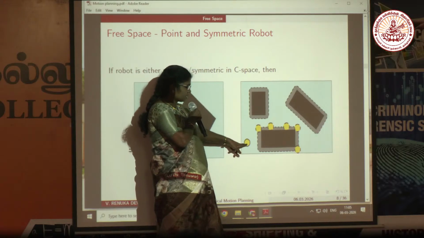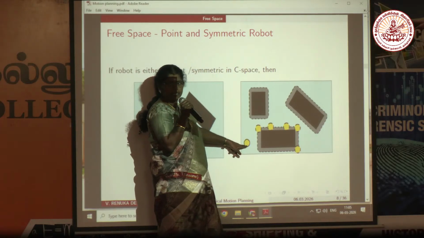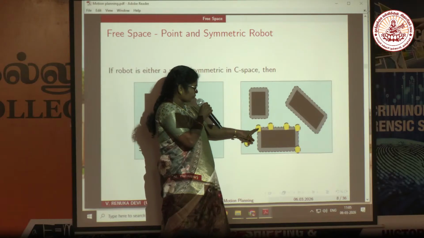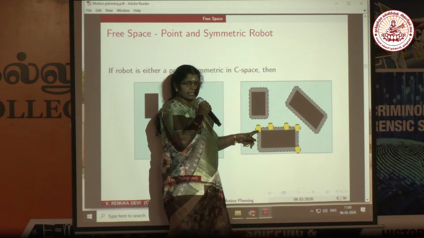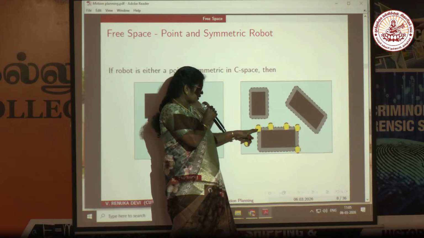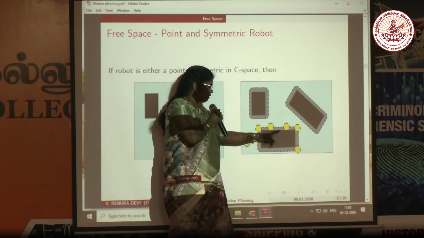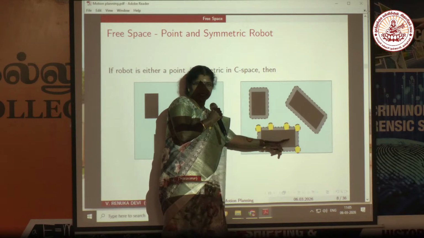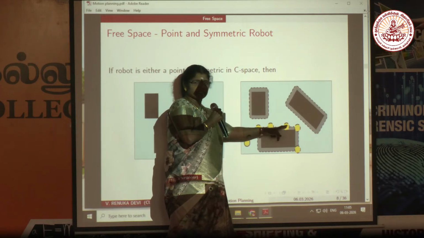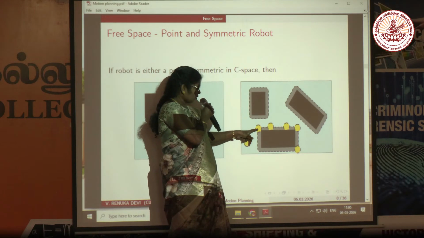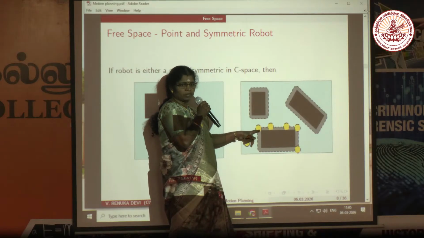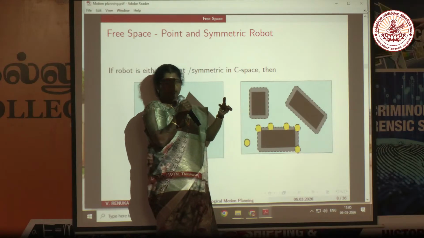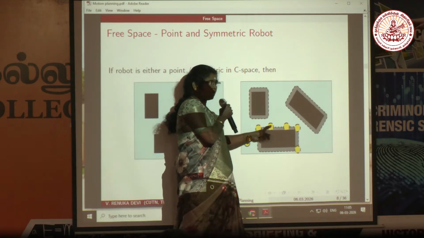That is, if this is the robot, a symmetric object, and you draw this, if the robot touches this block of the obstacle, it will be like this, isn't it? So we have to remove the distance from the center to the radius, the radius distance, from the obstacle.